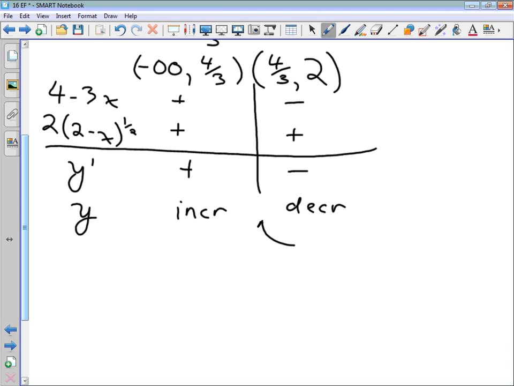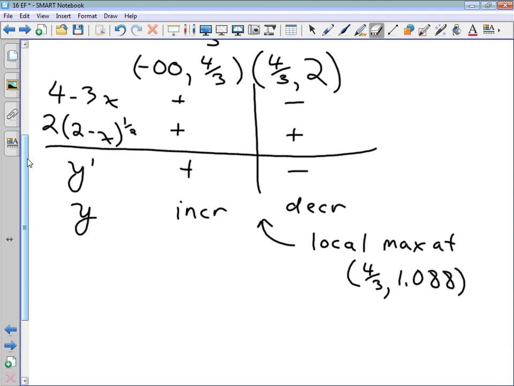So we have a local max at 4/3. We do some calculator work, plug this back into our original function, 1.088. Okay. What I'll often do with my local maxima and minima is I'll just take these fractions and turn them into decimals.